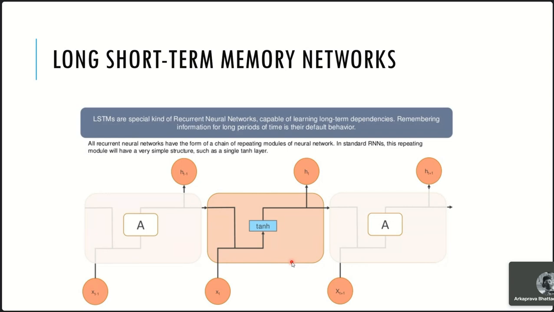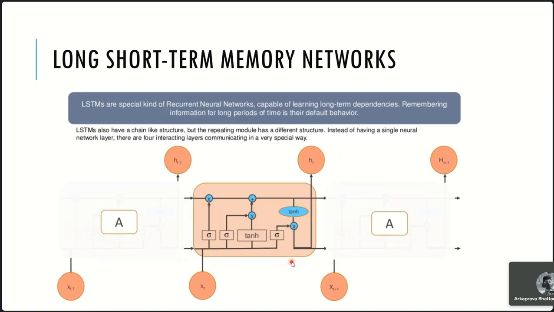Now, in case of your vanilla RNN, as I mentioned in the beginning of the class, the activation function used was the tanh function. But there are little modifications or additions made to LSTMs. Along with your tanh function, we have added 3 more interacting layers.